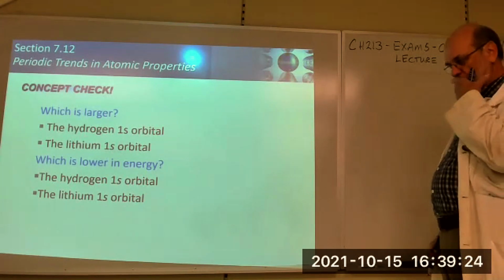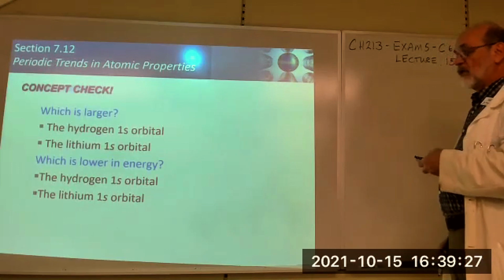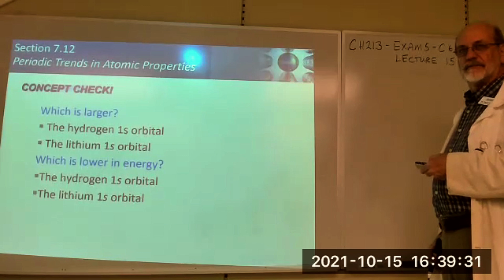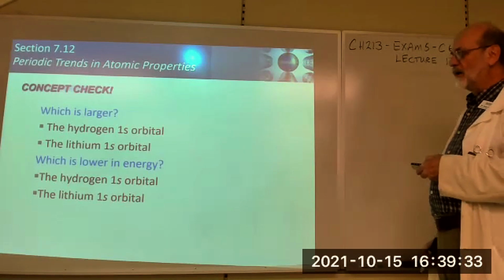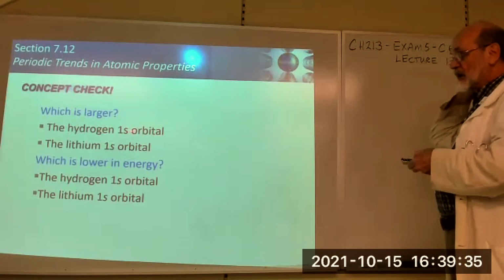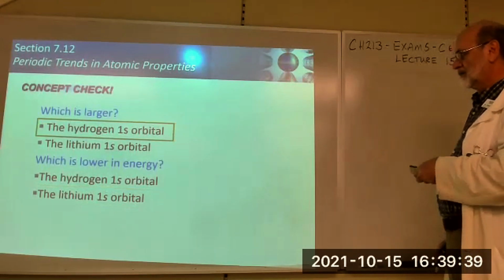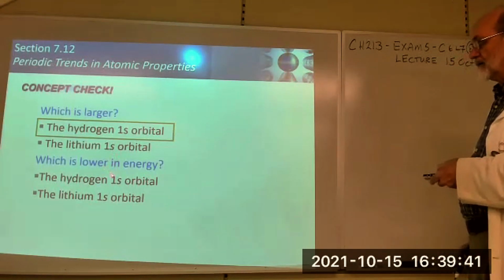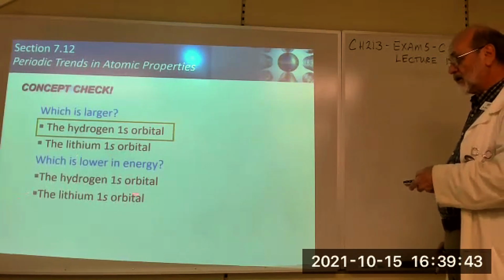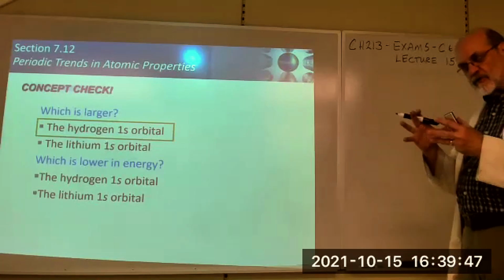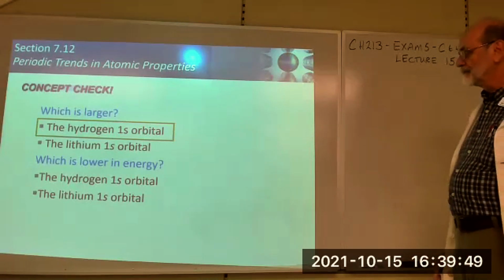Think about it this way. Who's got more protons? Lithium's got 3, hydrogen's only got 1. So hydrogen should have the larger 1s orbital. And which has lower energy? Lithium would have the lower energy because it's closer to the nucleus. If it's a smaller orbital, it would be closer, lower energy.